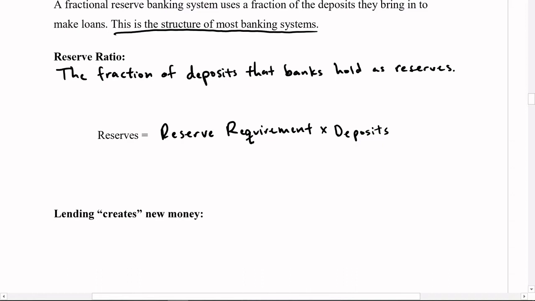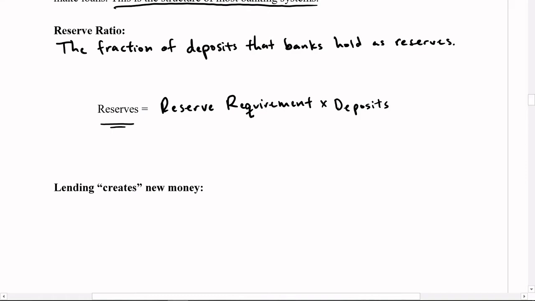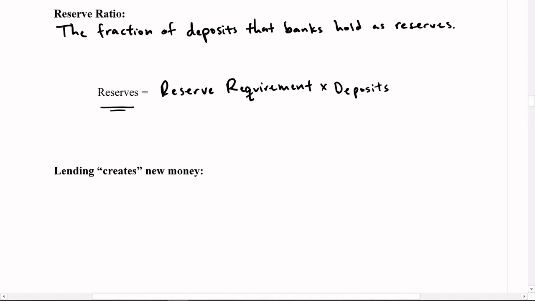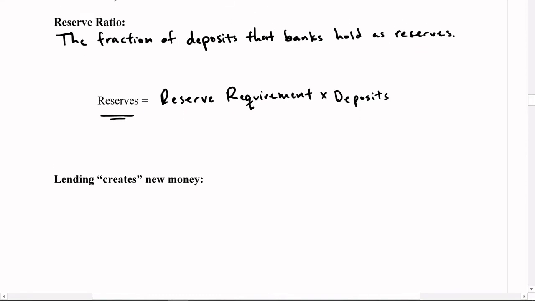Okay, so if the bank has a 10% reserve requirement, then they put 10% of those deposits into their reserves, and then the rest of the deposits can be used to make money, primarily through loans. So you have reserves and whatever's left over, they make the loans.